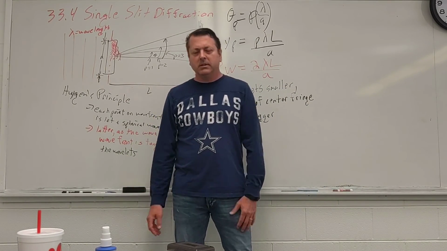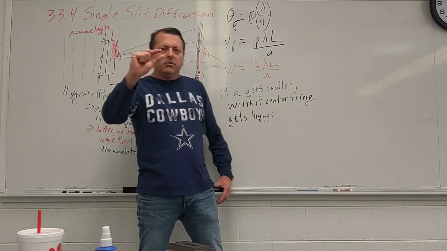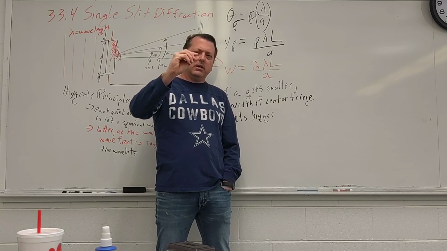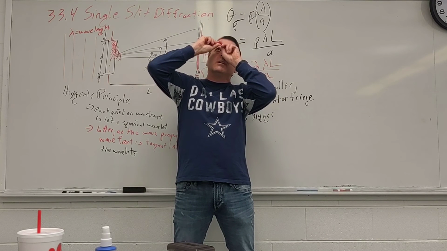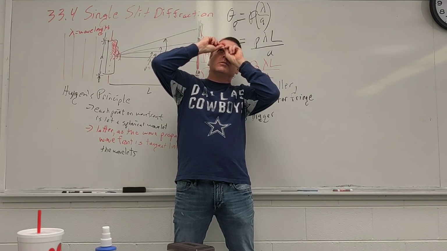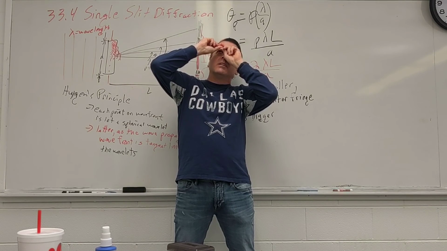Everybody ready? Take your fingers like this. We're going to put them really, really close together, and I want you to look at a light source, like up here. If you get them almost touching, you'll start seeing little vertical lines.